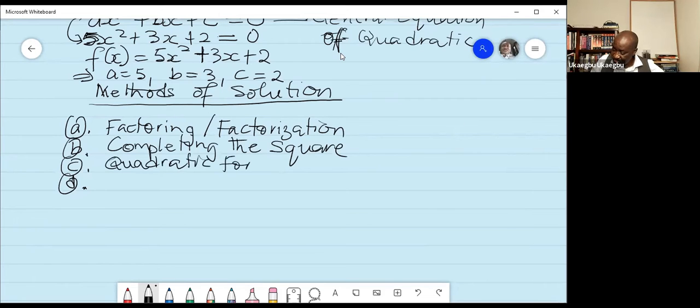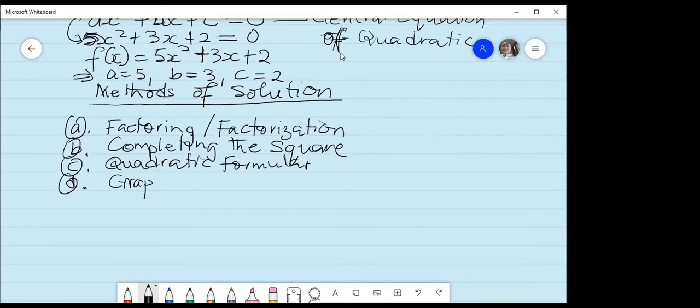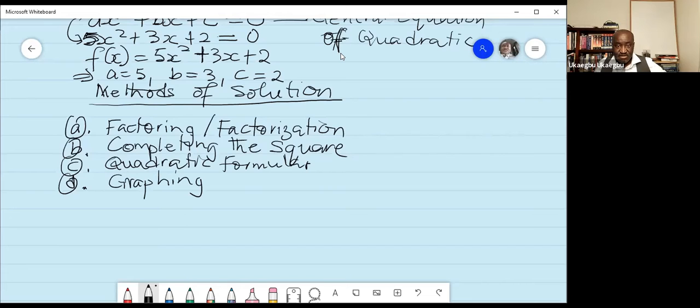And next starts with G. Graphing. Okay, so at this stage of your mathematics learning, you have to know how to use these methods to solve any quadratic equation.